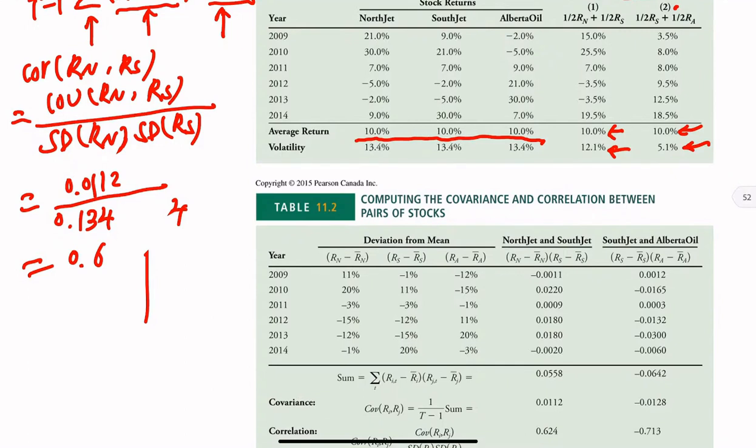However, you can imagine that there is some sort of nice benefit from diversification because here, the return of SouthJet and the return of Alberta oil tend to move in opposite direction. So the ups and downs will tend to cancel out with each other in the second portfolio. So generally, it means the return for the second portfolio compared with the first portfolio will be much smoother. If you have a smoother return, this basically means your portfolio is less risky, right?